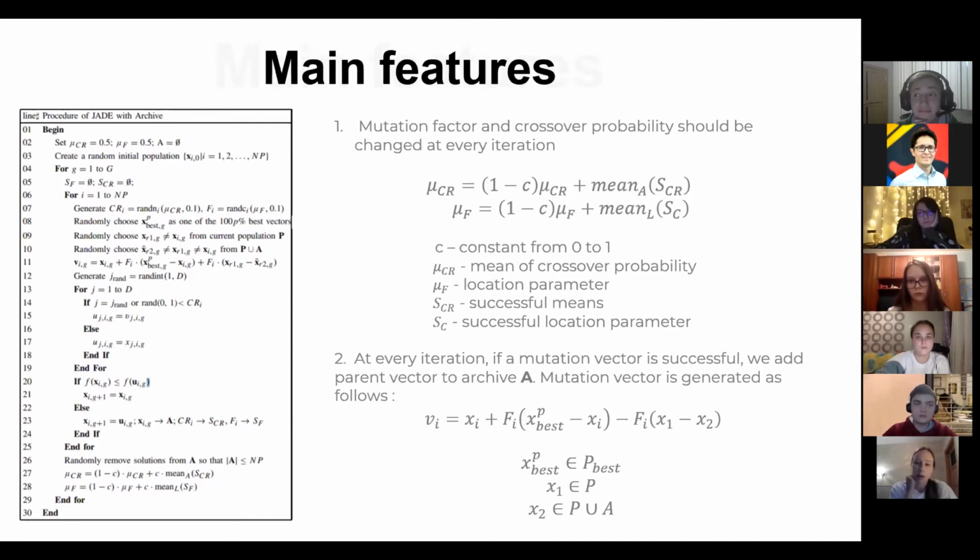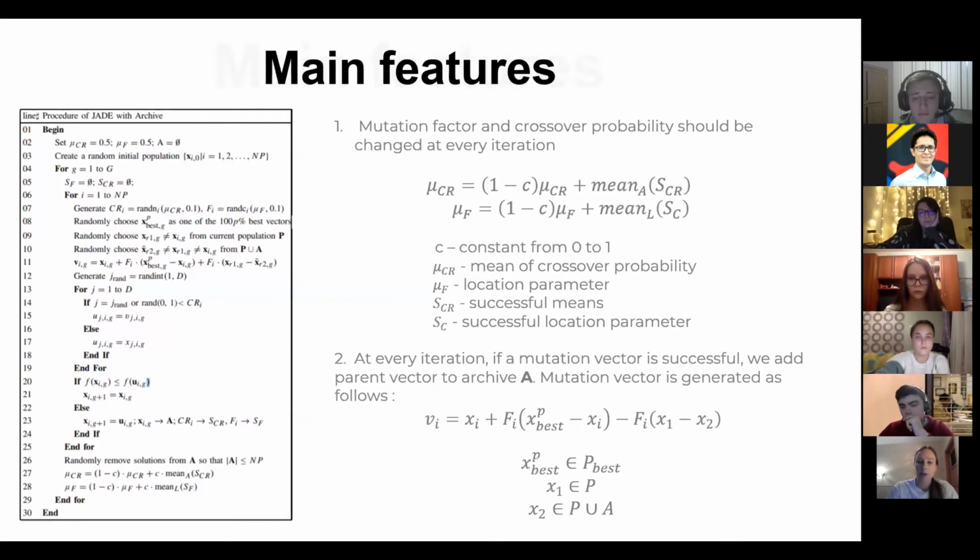But every time our parent vector fails in the selection process, we add something to the mean and location parameter. And then we calculate them using the following formulas.